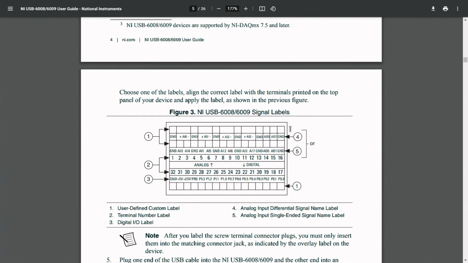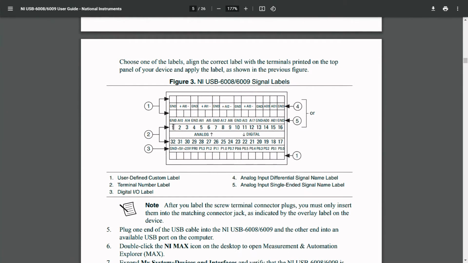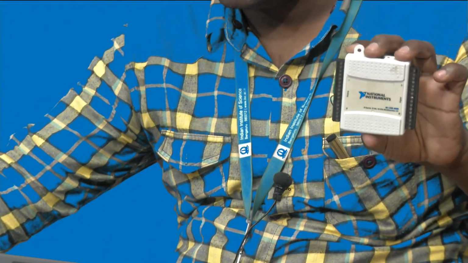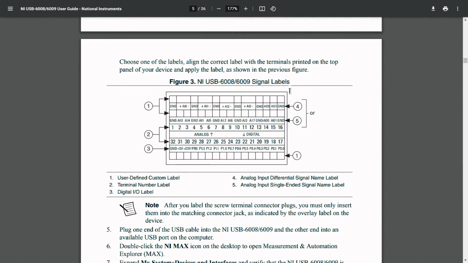The complete pinouts of the screw terminal plugs can be seen here. The top side is completely for analog, which means this particular rail's information is seen on the top side, whereas the digital rail information can be seen on the bottom side.